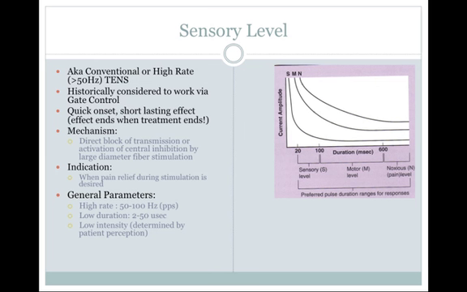Okay, so the most common would be sensory level TENS, which is what you would call conventional or high rate TENS. We talked the other day about the word TENS, and that it's a bad term. It's the generally accepted term for Estim for pain relief, but it just means transcutaneous electrical nerve stimulation, and that's what we do with everything.